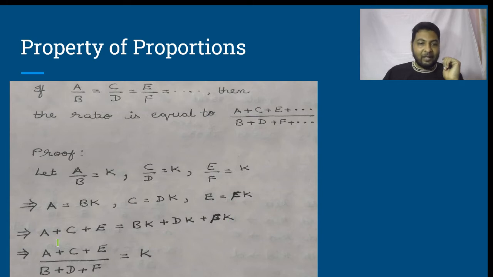That is nothing but A plus C plus E divided by B plus D plus F will be equal to K. Therefore, we can say that whenever we have A by B is equal to C by D is equal to E by F is equal to dot dot dot, that will also be equal to the sum of all the numerators divided by the sum of all the denominators. Is that clear?